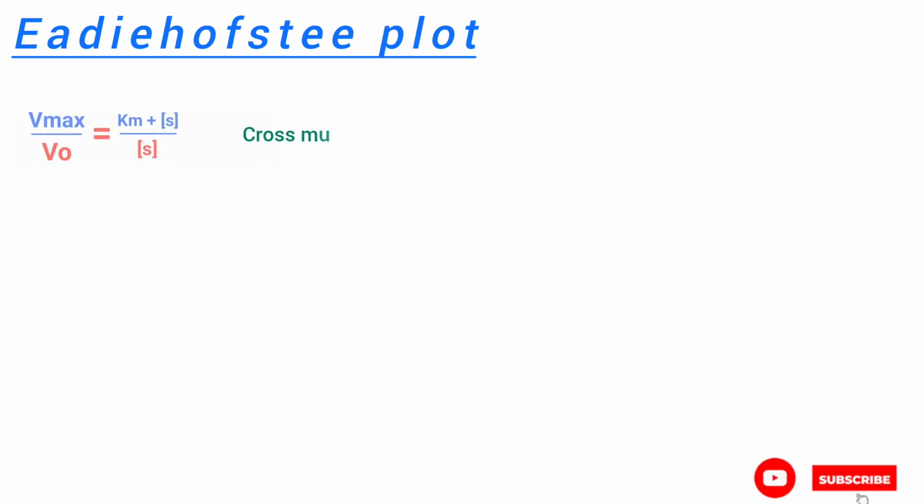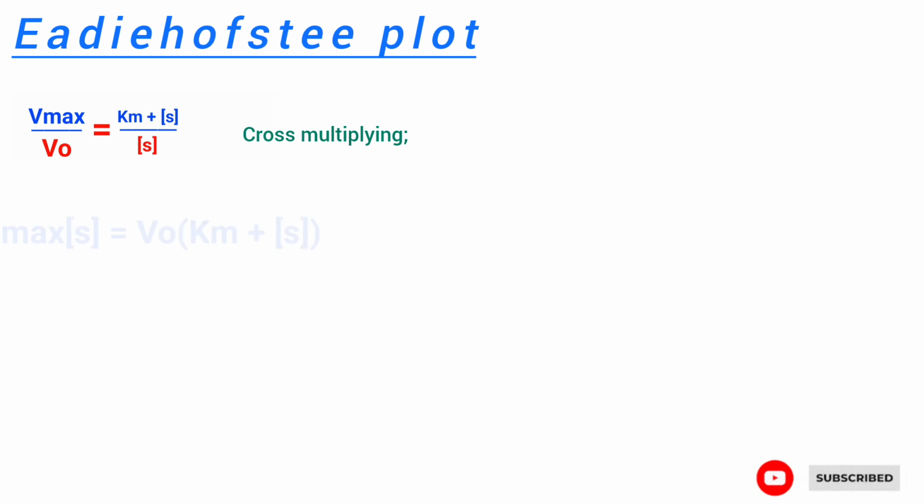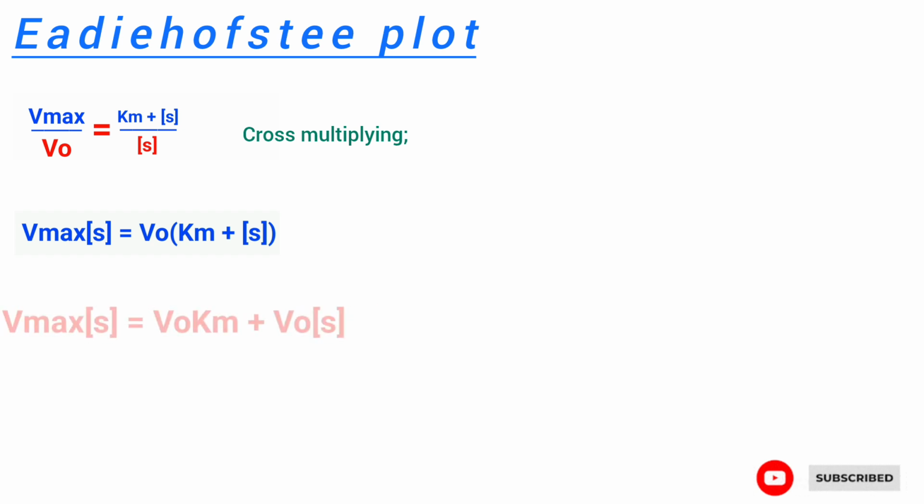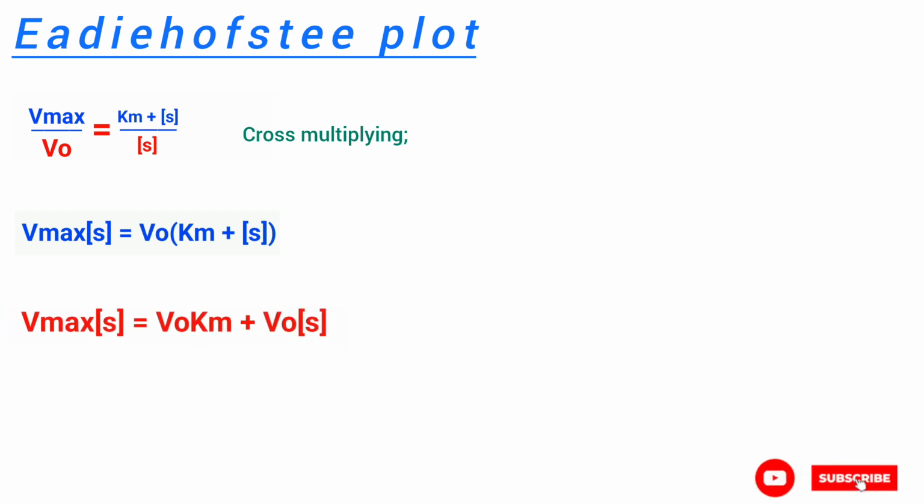Now, if we cross multiply, we have Vmax times substrate concentration is equal to V0 into bracket Km plus substrate concentration. Removing the brackets, we have Vmax times substrate concentration is equal to V0 times Km plus V0 times substrate concentration.